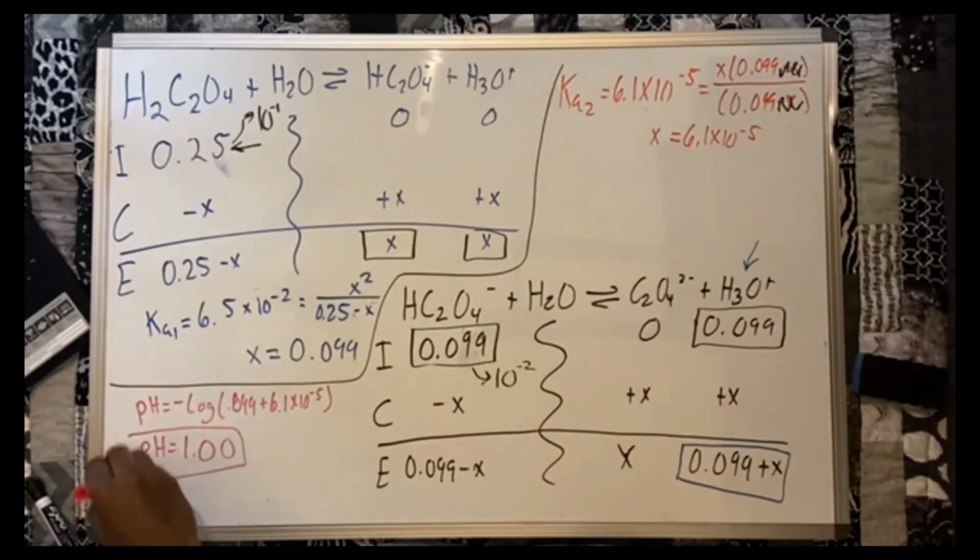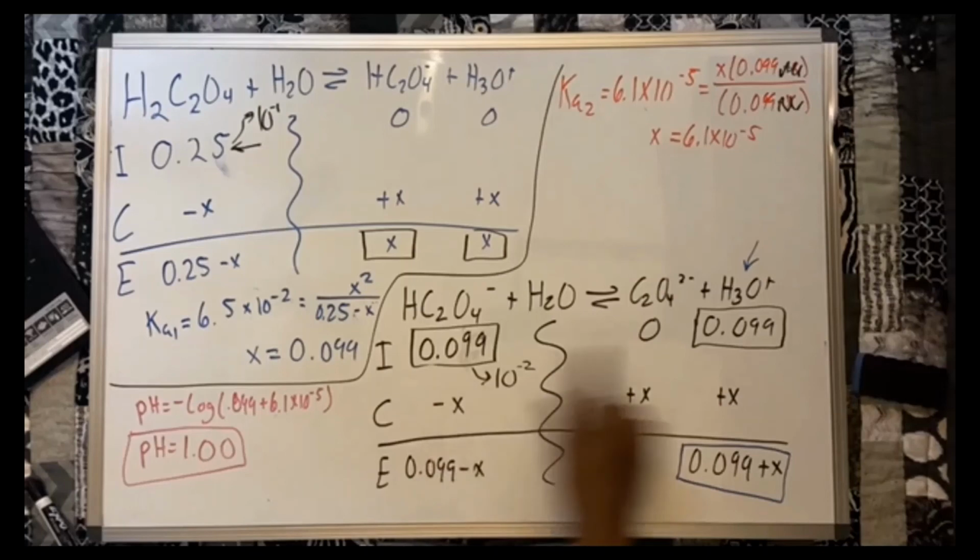So the first ICE table, you need that X value to plug into the initial concentration of the second ICE table. And then from there, you'll either do the X is too small approximation or the quadratic formula. You'll get that X and plug it in for the at equilibrium for the products.